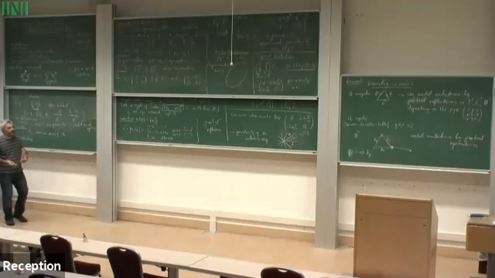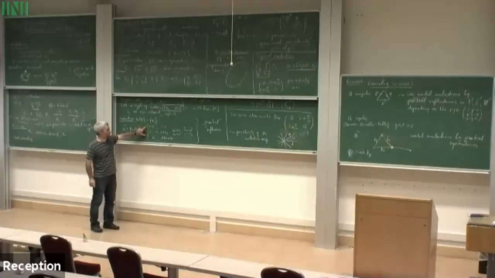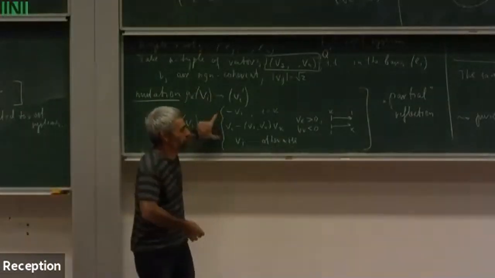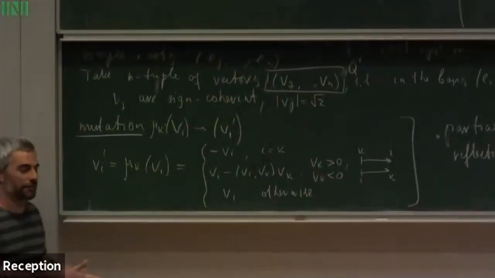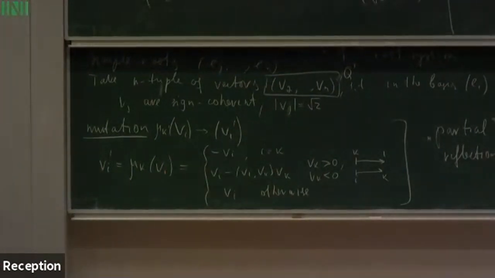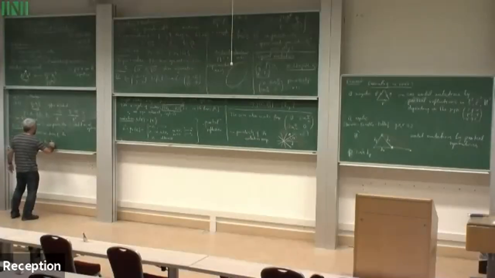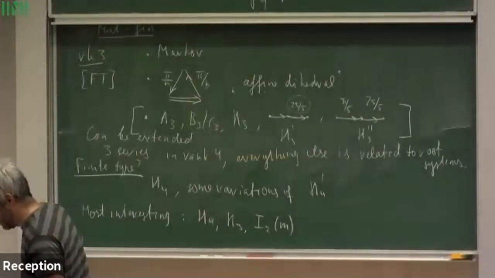Alternatively, we can modify this procedure to stay in the root system, to assign vectors a bit differently, to mutate a bit differently here, such that this does not correspond to mutation of the matrix. But the rule is consistent, and we stay with finitely many. We can do it. And most interesting, still, let me consider usual H4, H3, and I2.